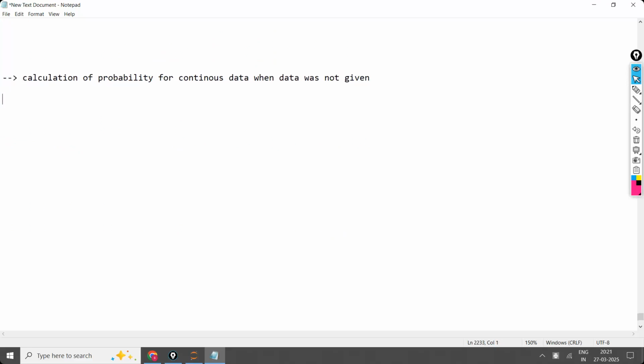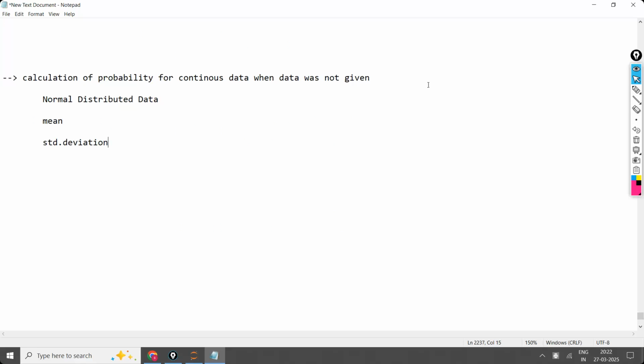When data was not given, they have to clearly give us normally distributed data only. That is the first point. Second point, they will give the mean value and standard deviation value. Based on these three values, we are going to calculate the probability.